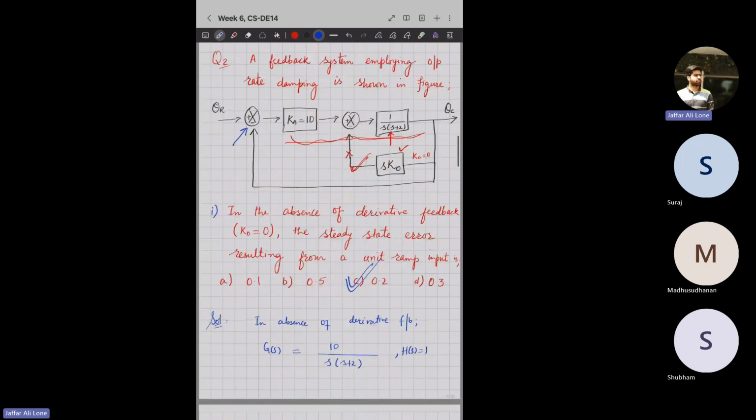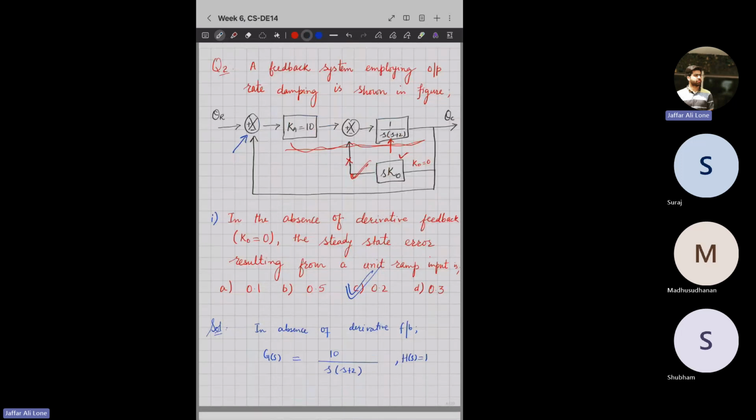So first of all, let's try to solve this loop. Then we will get some transfer function, because this is a negative feedback. And that transfer function we will multiply with this 10, and then again take the unity feedback.